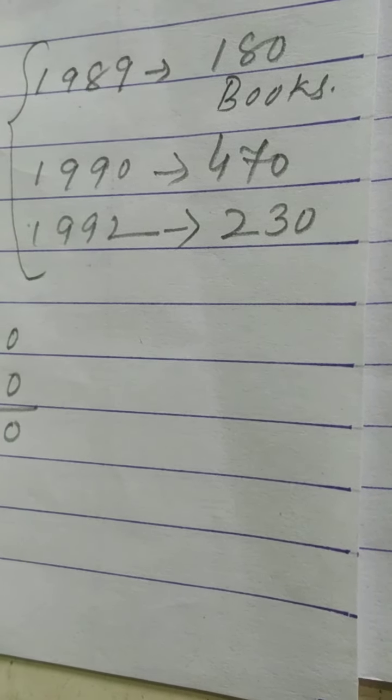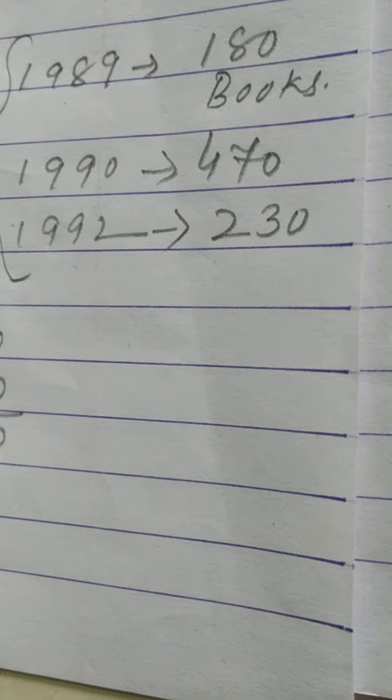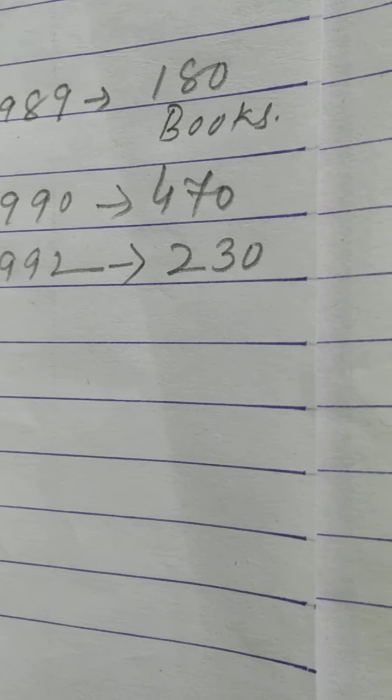Now see the second question. In which year were about 475 books sold? About 225 books sold?